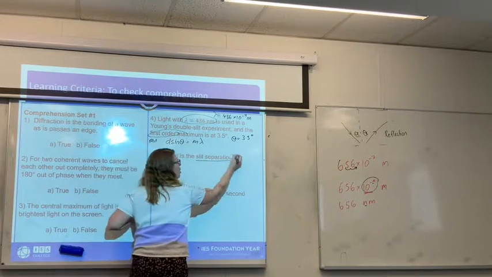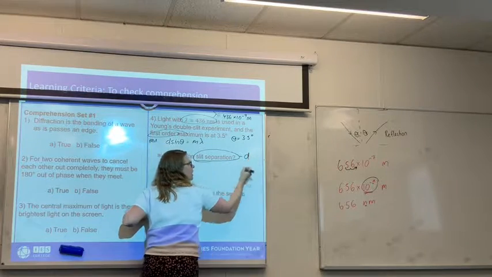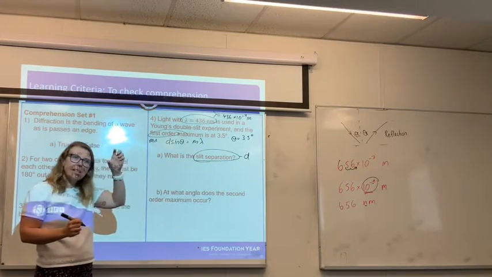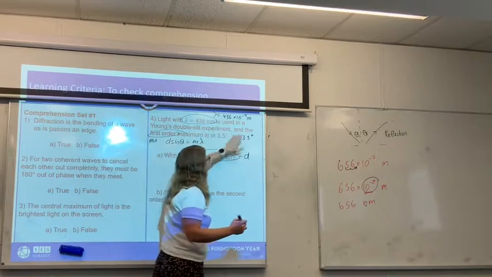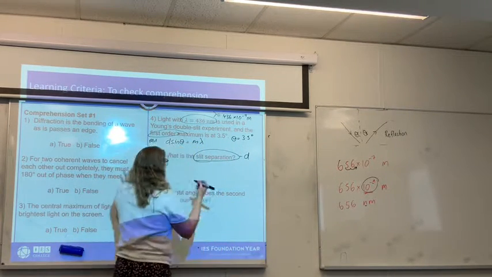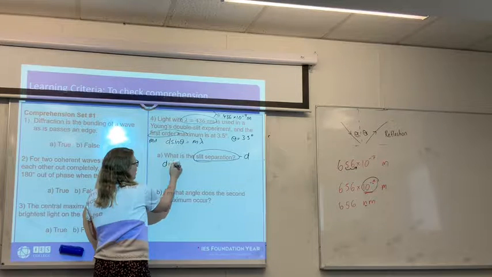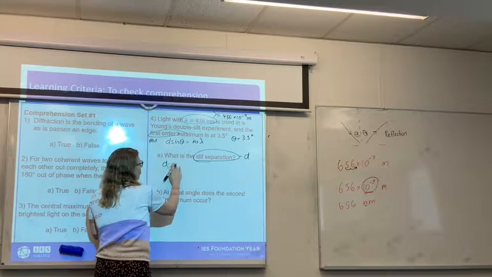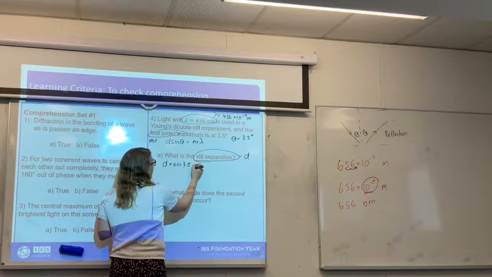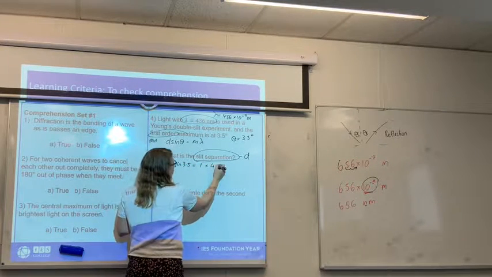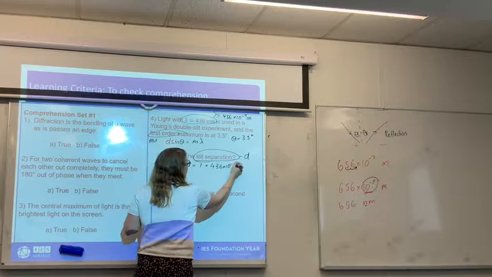The slit separation is the symbol d, the distance between them. So it's looking for d. Here's my formula, here are my variables, this is what I'm looking for, so I substitute. d multiplied by sine 3.5 equals 1 times 436 times 10 to the negative 9.